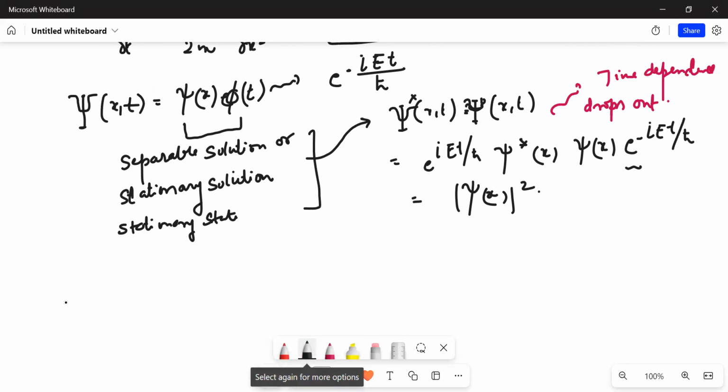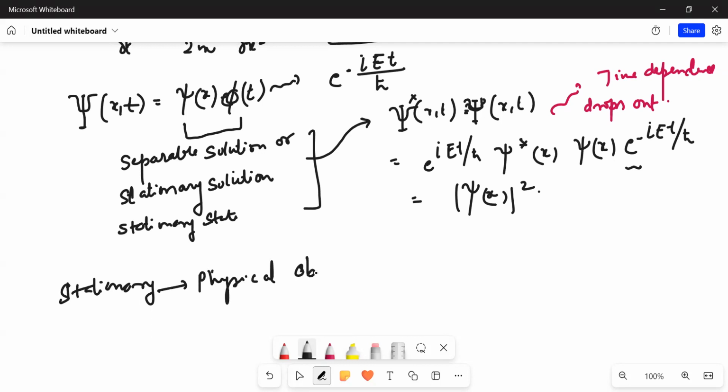So for all dynamical observables, these are called stationary states, not only because this norm or probability density becomes time independent, but because the physical observables of the state are time independent.